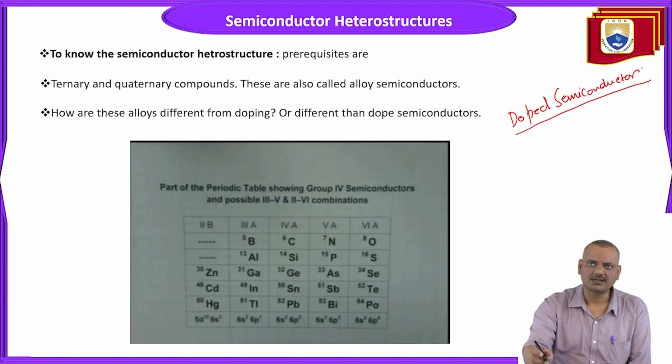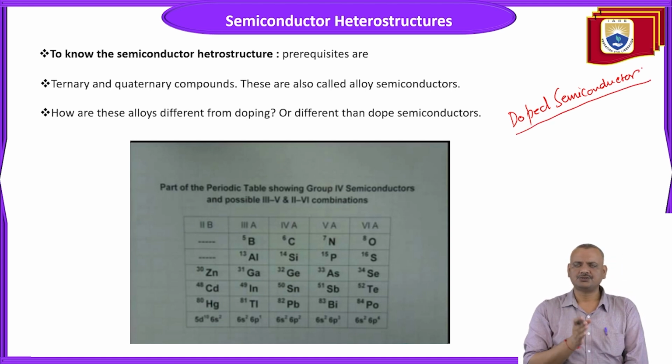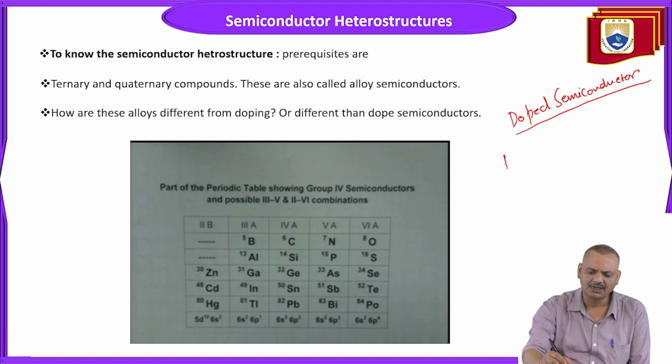Doped semiconductor is nothing but, once you add a third group element as an impurity in a fourth group element, you will get a kind of p-type semiconductor. Once you add a fifth group element as an impurity with a fourth group element, you will get a kind of n-type semiconductor.